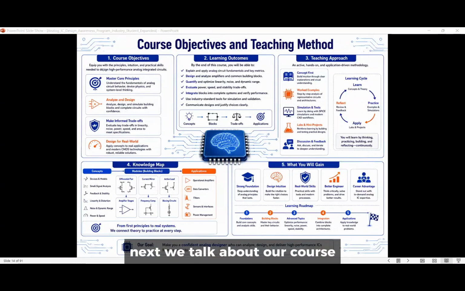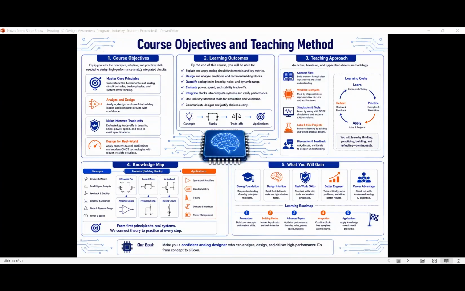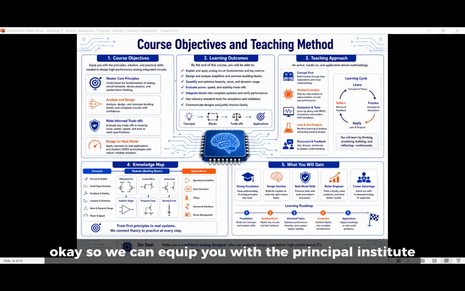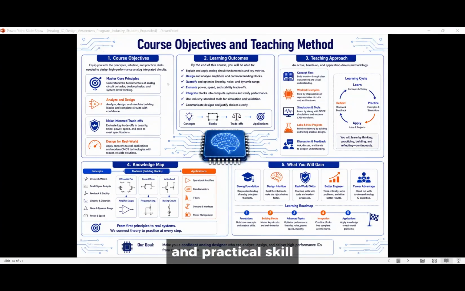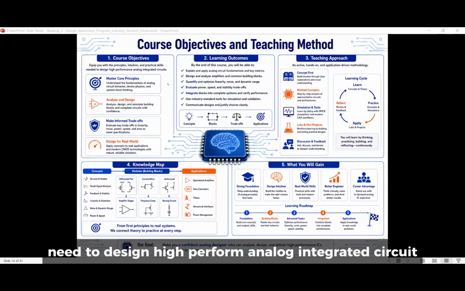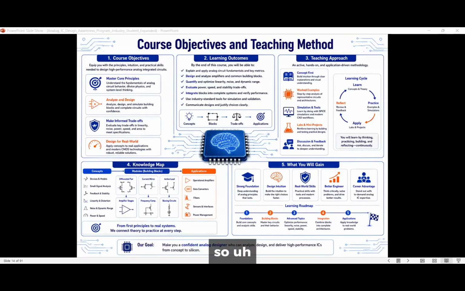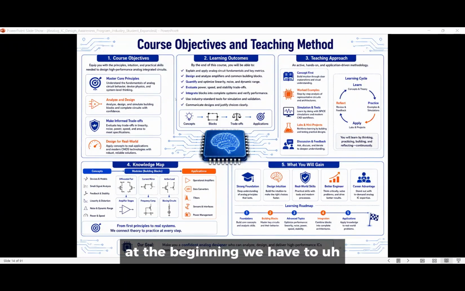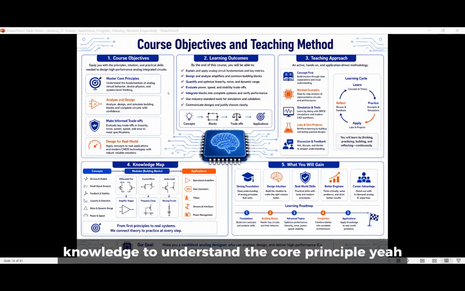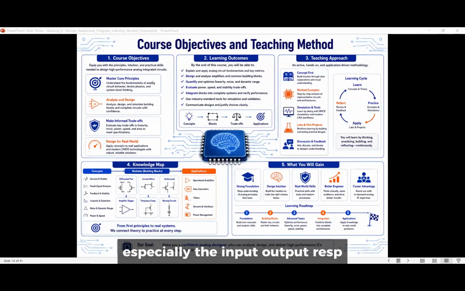So next we talk about our course objective and the teaching method. We want to equip you with the principles and practical skills needed to design high-performance analog integrated circuits. So at the beginning, we have to gain sufficient knowledge to understand the core principles. Understand the fundamentals of analog circuit behavior, especially the input-output response and device physics. So what is the limit of the transistor?